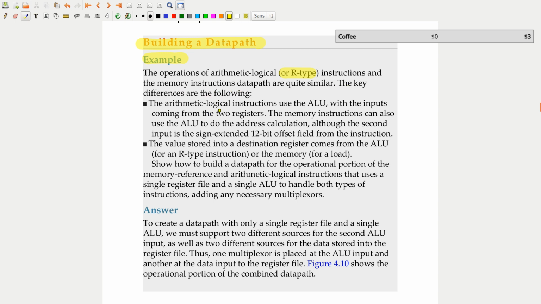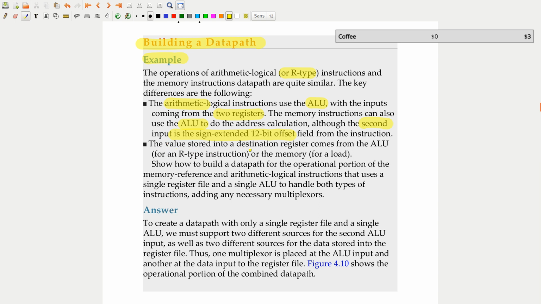The key differences are, for arithmetic instructions, the ALU operation is done using 2 registers. The memory instruction can also use the ALU to do address calculation, but the second input is the sign extended 12-bit offset field. So we're only using 2 registers for arithmetic instructions. For memory instructions, one of the registers is going to be used for an address, but then we're going to have an immediate value embedded in the instruction for the offset.